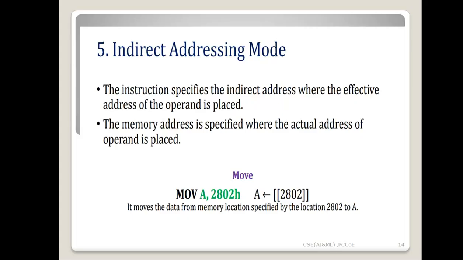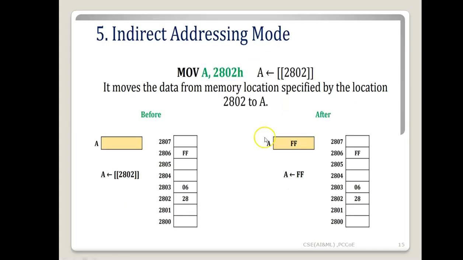So here it moves the data from the memory location specified by the location 2802 to A. So this is indirect addressing mode. Just see, MOV A, 2802H. So what will it do now? It moves the data from the memory location specified by the location 2802 to A.